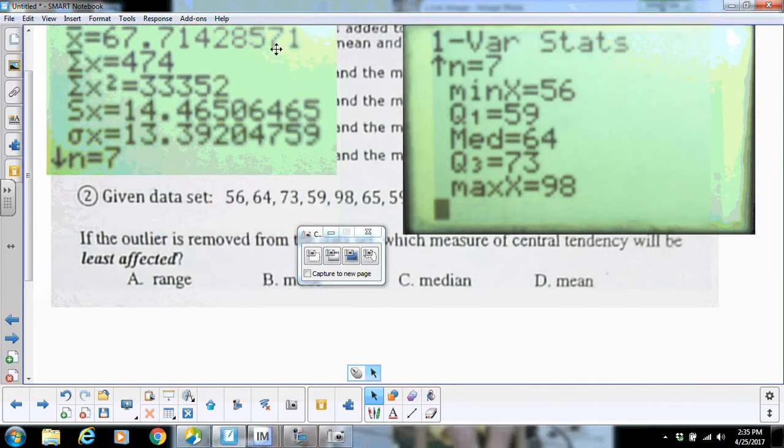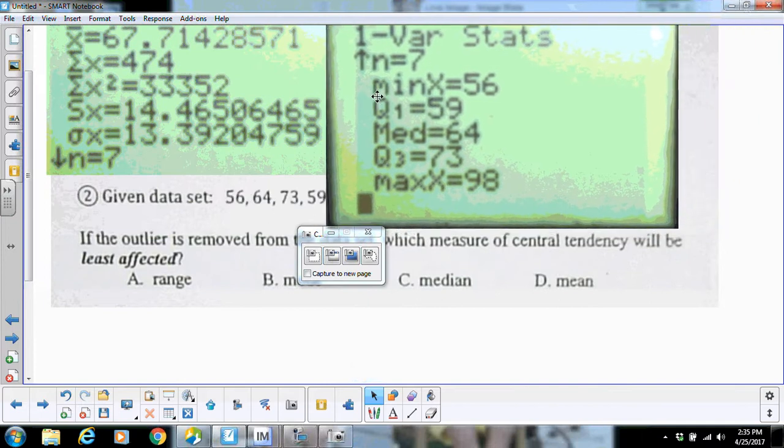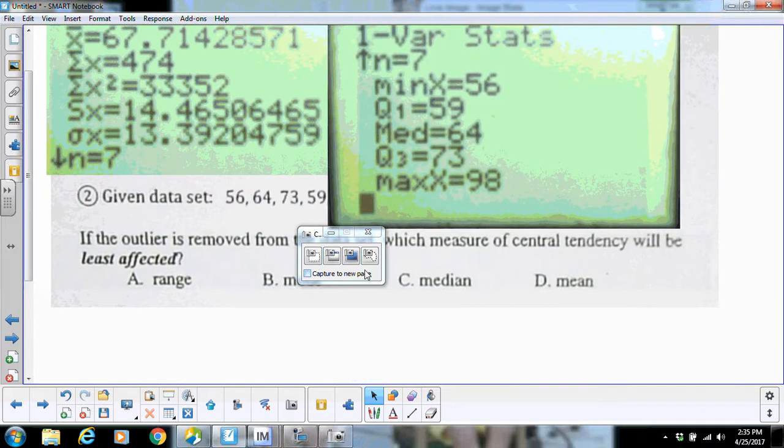So here's the first one with the 98. Then I'm going to go do stat calc enter second L2, and here will be the second one.